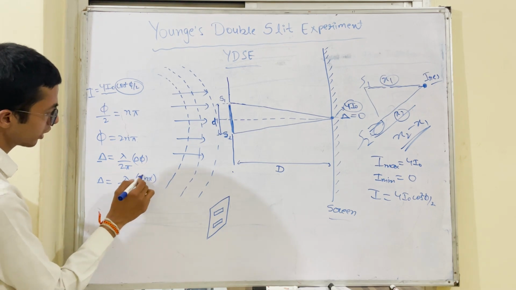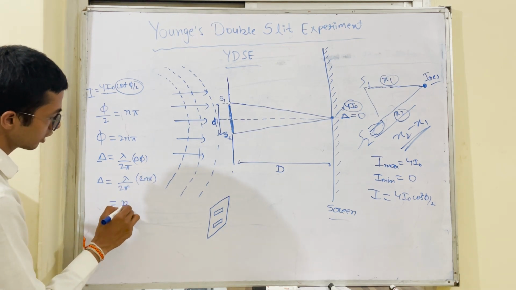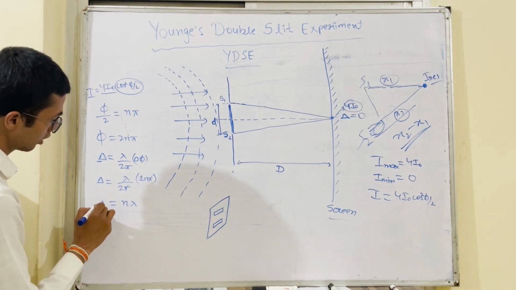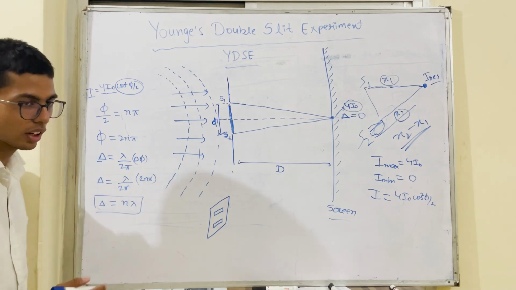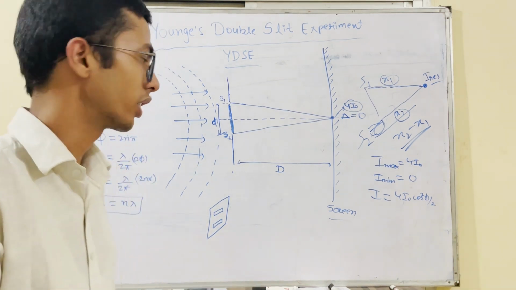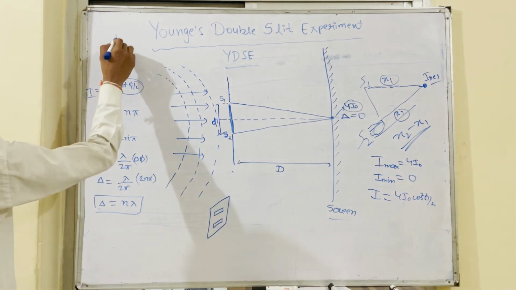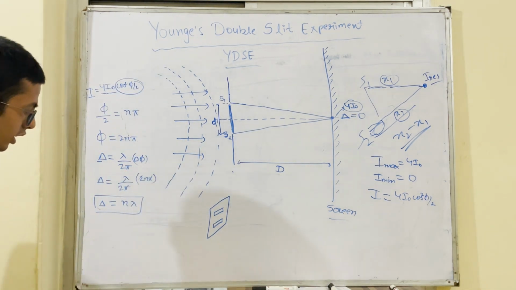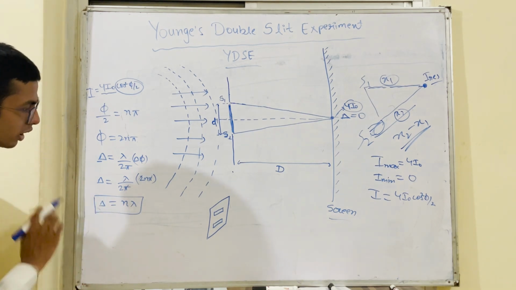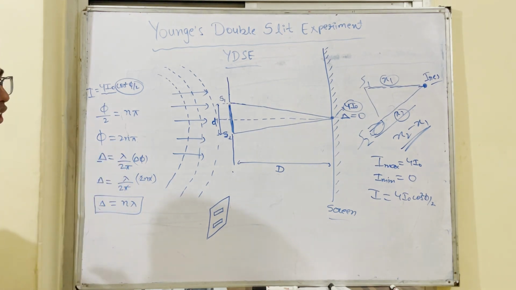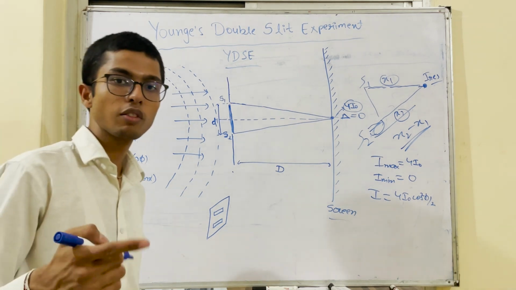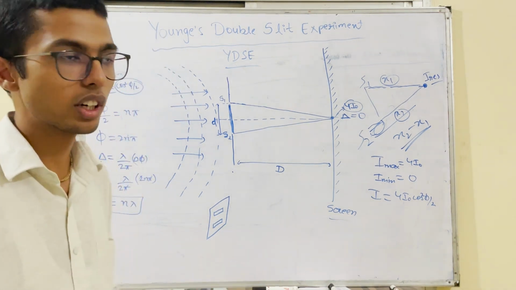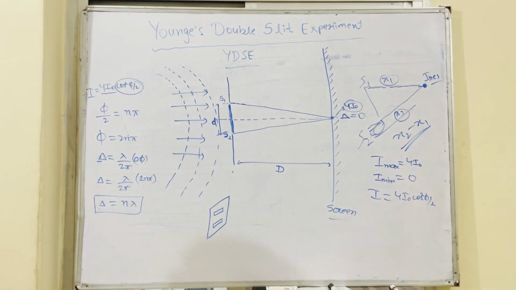So 2 pi will cancel out, and this comes as n lambda. n will be some integer: 0, 1, 2, 3, like this. So delta should be n lambda for I to be maximum, for constructive interference.